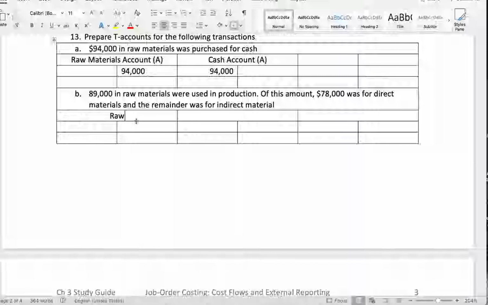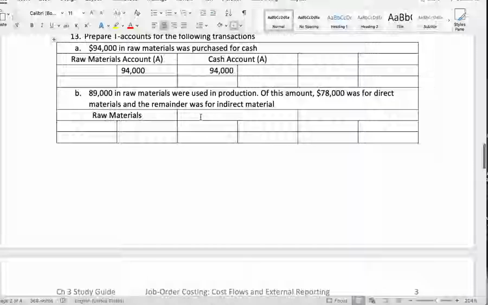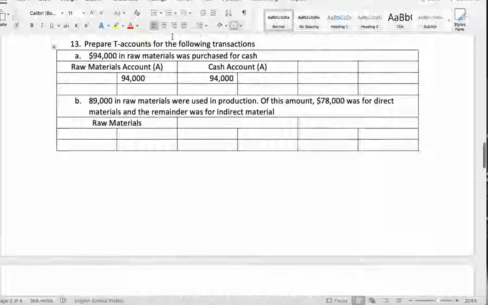So the first account is raw materials. The second account that we need to use is going to be WIP, work in process. The third account we need to use is MOH, manufacturing overhead.